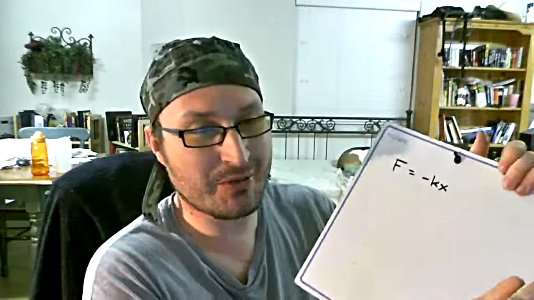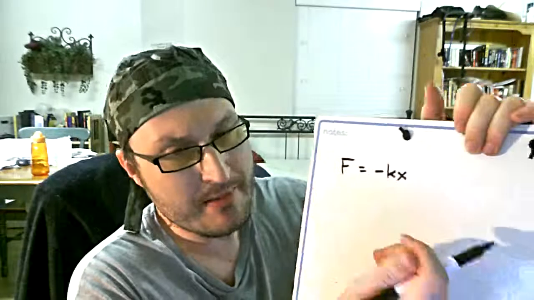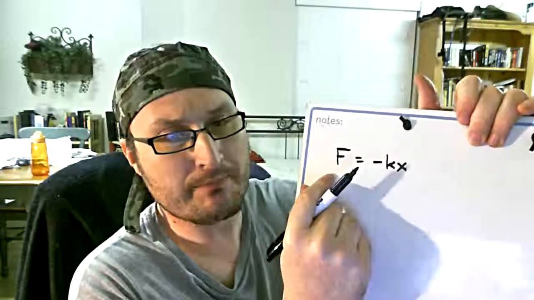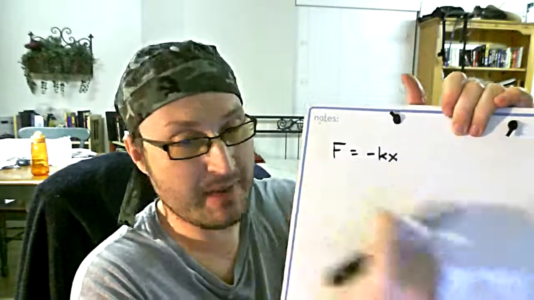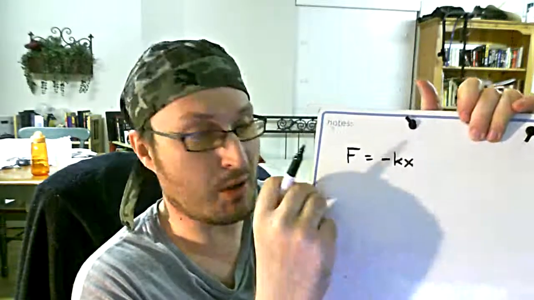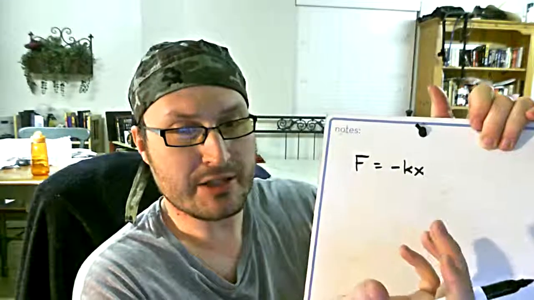I'm butchering Hooke's law here. I'm sorry, but it's simple. We all know Hooke's law, right? Anyway, that's the only force acting in that direction on that body. So you're imagining this mass going back and forth in simple harmonic motion. That's the only force that's causing that acceleration of the body.